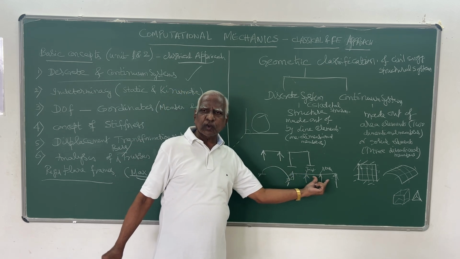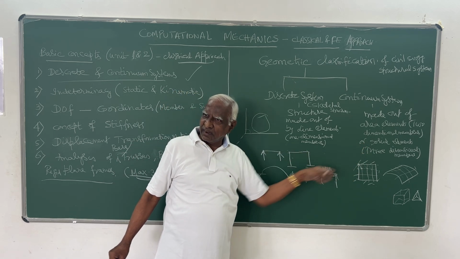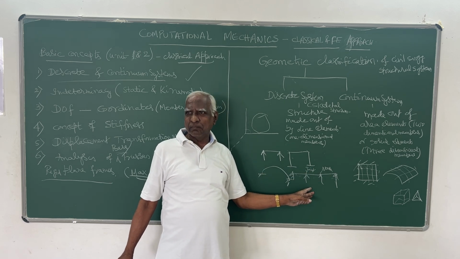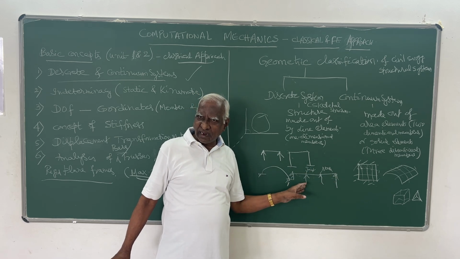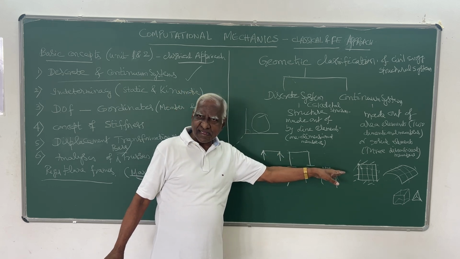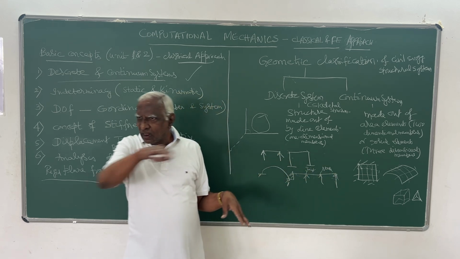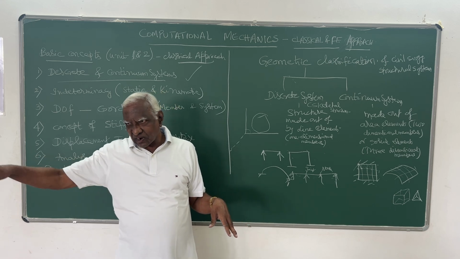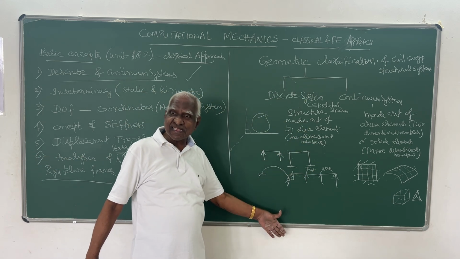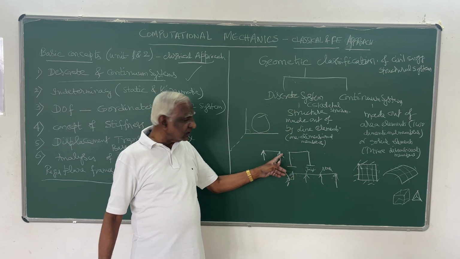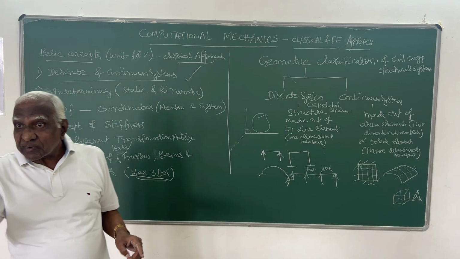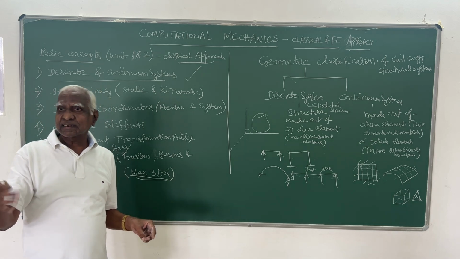It may be made out of a number of lines along a linear direction, that is called a continuous beam or continuous line element structure. Or it may be made out of lines spread along the horizontal direction as well as the vertical direction in a single plane. That we call a rigid plane frame. These are the definitions of the second structure.